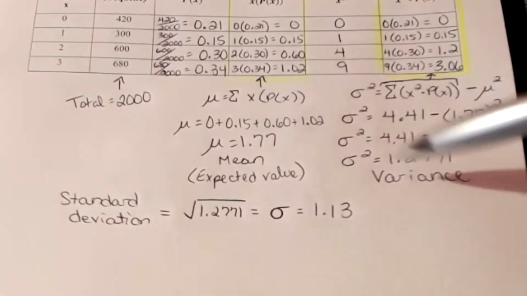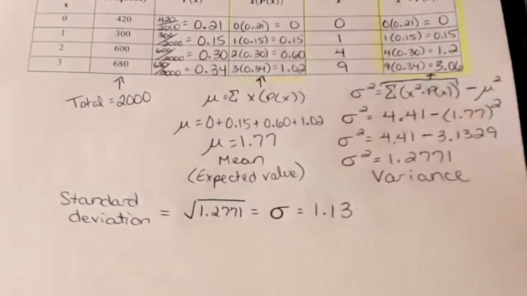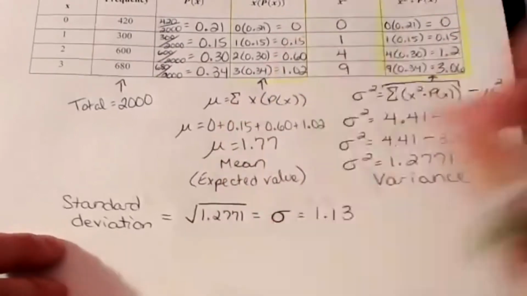So here we have each of the three values: our mean, which is our expected value, our variance, and then our standard deviation. What I'm going to do now on the next page is interpret what that means, because it's fine and dandy that we can calculate it, but what does that mean? So I'm going to write a statement that puts all of these things together. So let's turn the page. You're going to need this info though.